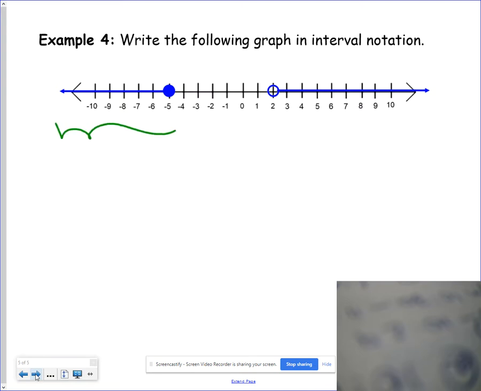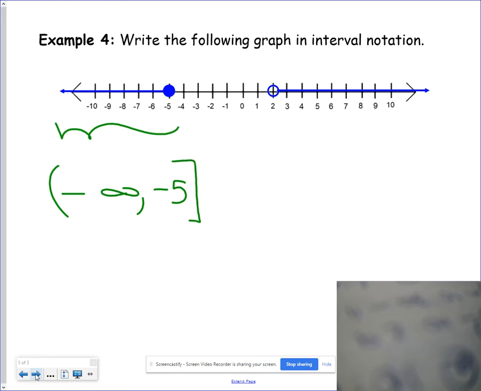Think about how you would write that first graph in interval notation. It's going to negative infinity, and it starts at -5. It goes to negative infinity, it doesn't reach negative infinity, so we use a parenthesis. The -5, it's equal to -5, so we use a bracket.